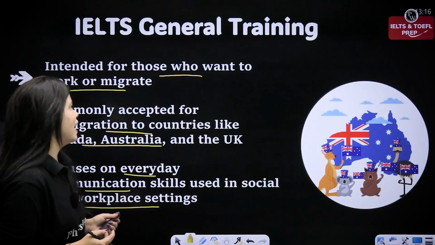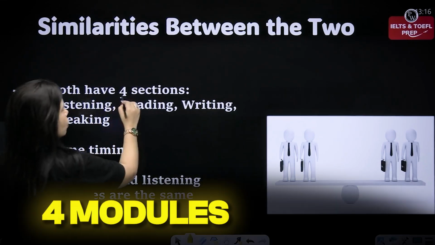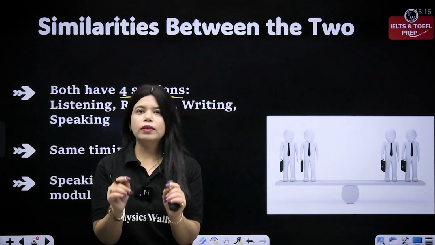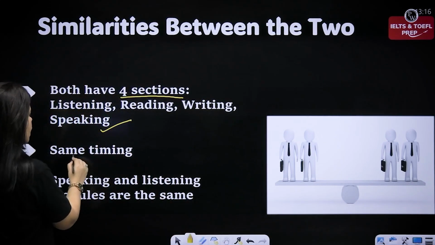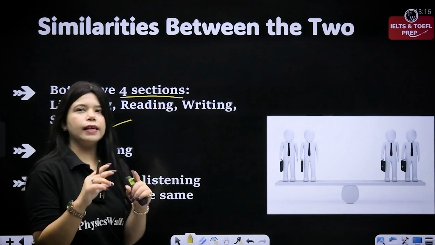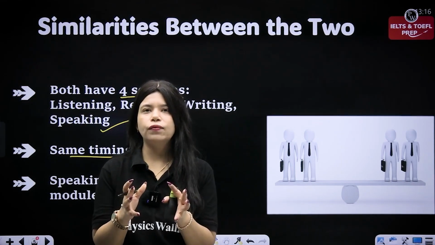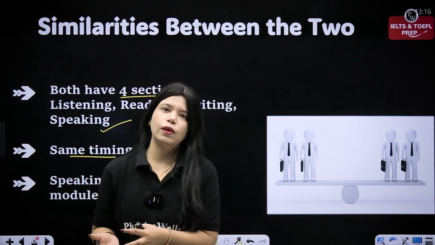Now let's proceed and understand about the similarities. Both have 4 modules. Whether you take general IELTS or academic IELTS, in both the exams, you have 4 modules which are listening, speaking, reading and writing. And the time span is the same. What do I mean by that? For example, in academic IELTS, if the reading module is 1 hour, then in general IELTS also, it is 1 hour.